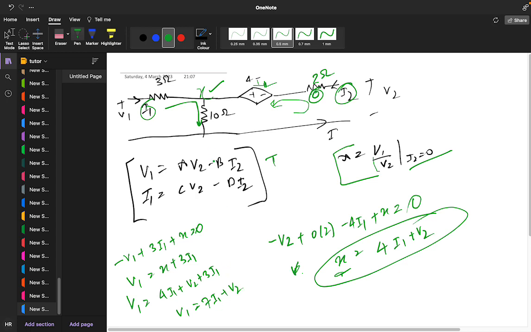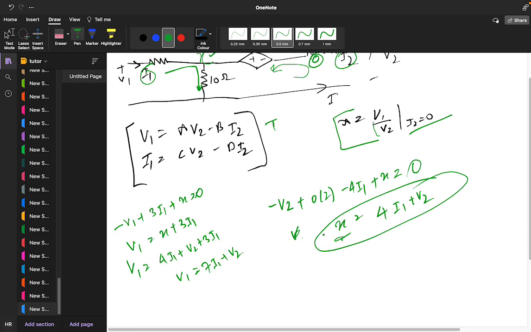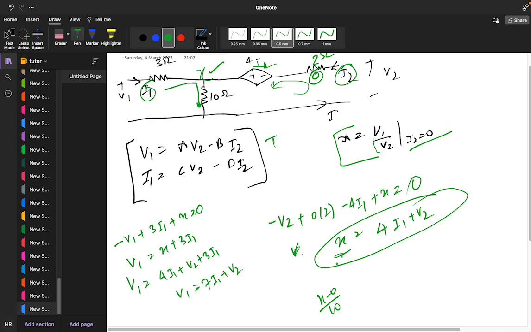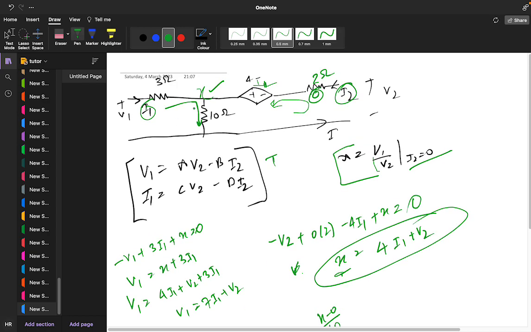Can anyone tell me what will be the value of I1? I1 value we can also write as X minus 0 upon 10, because this is the same current, as this current is 0 and this is the potential.